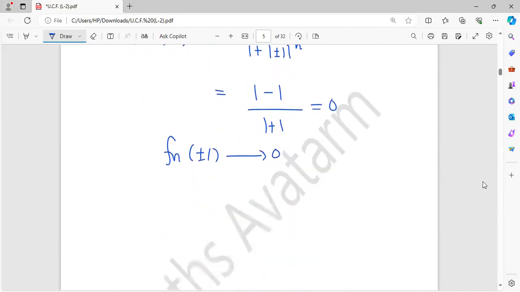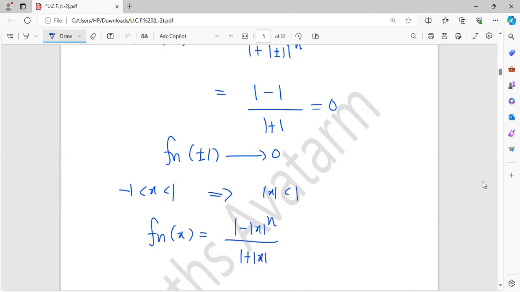Now if the value of x is in this range, it means |x| is less than 1. Then what about this? Then what will we get? |x|^n tends to 0 as n tends to infinity.